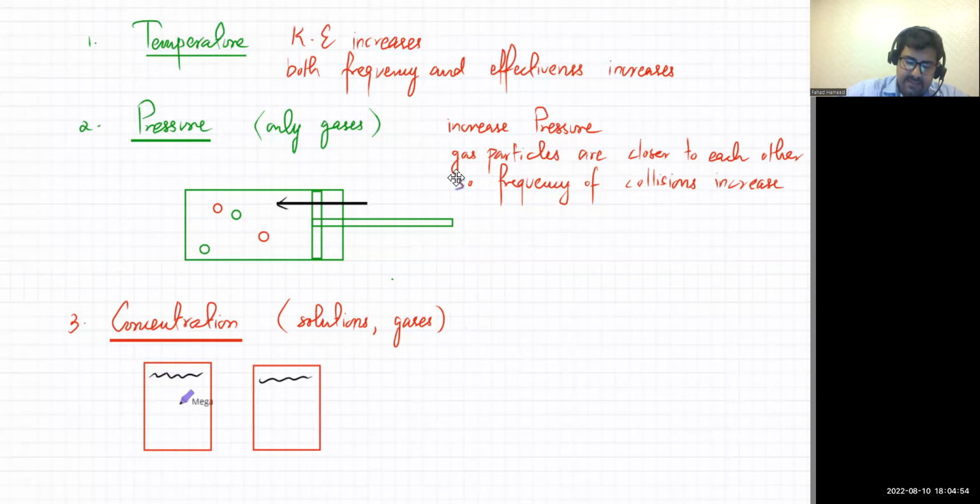So one of them has 2 particles. The other one has, in the same volume, more particles, right? So obviously there's going to be more frequent collisions. So higher concentration means particles are closer to each other.